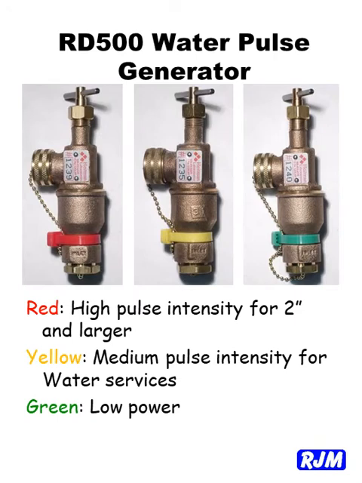The RD500 comes in 3 different pulse intensities. Choose the red for water mains, 2 inches and larger, the medium for water meter size pipes, or the green for irrigation and small pipes.